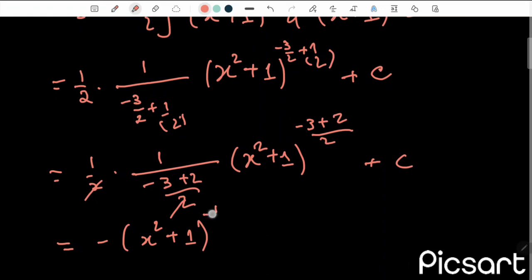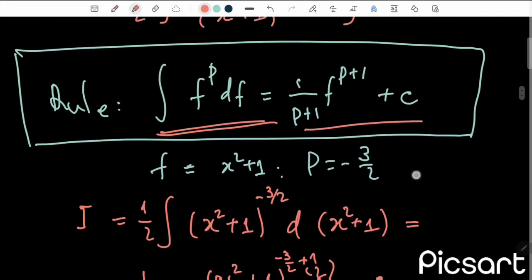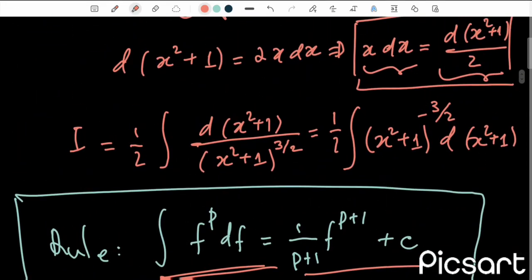Then we have minus 1 over 2 plus c, as the solution for this integral problem.